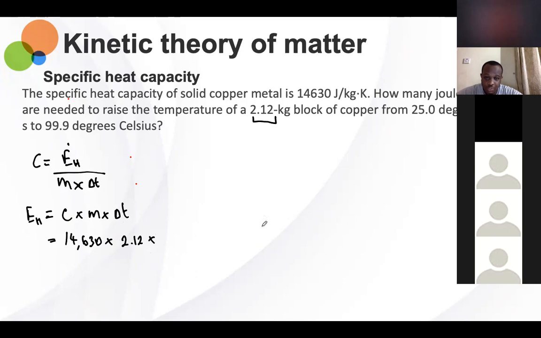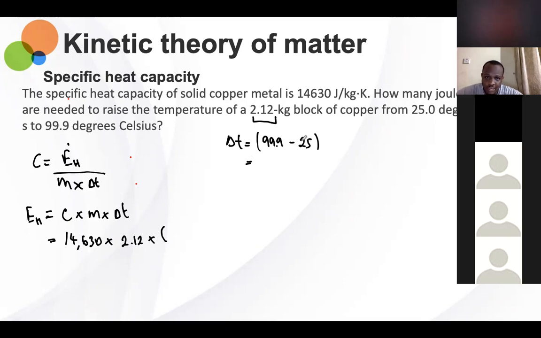The change in temperature, this is very important. The change in temperature is 99.9 degrees minus 25 degrees. All right.